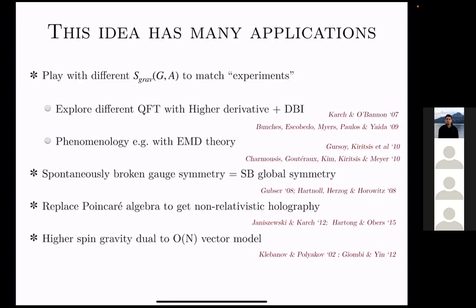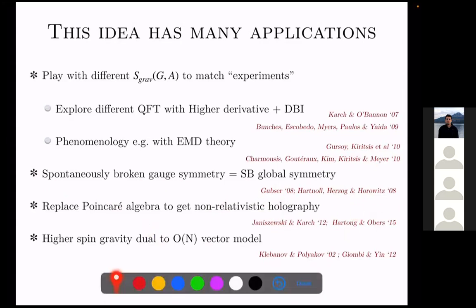And also you can try to do some phenomenological things, mimicking IR thermodynamics of an IR fixed point in a condensed matter system or in QCD. You can imagine breaking the gauge symmetry spontaneously, which is equal to spontaneously breaking the global symmetry. And this is the famous holographic superconductor.